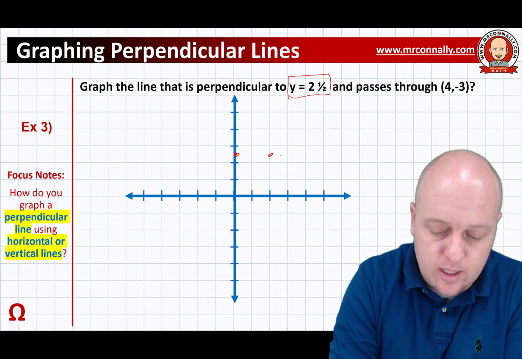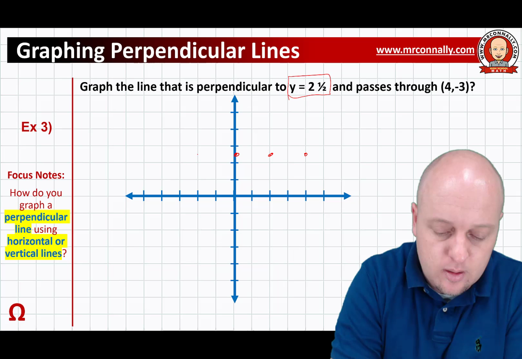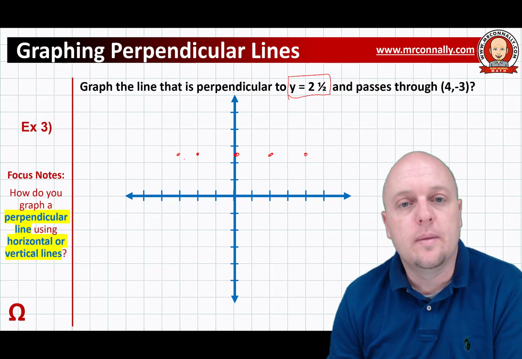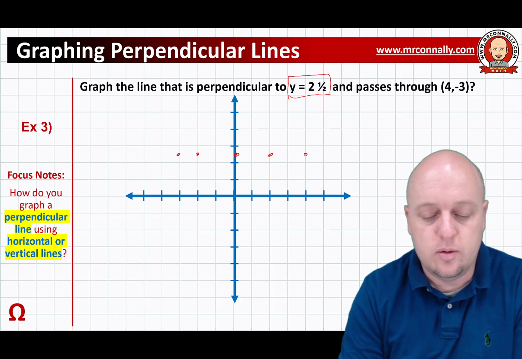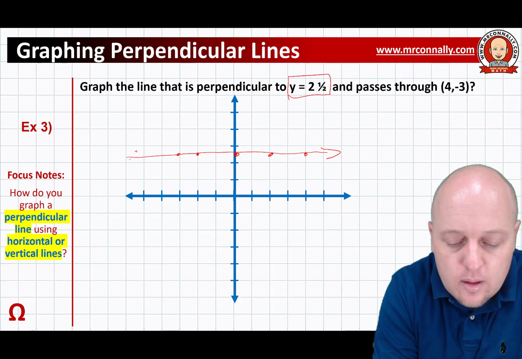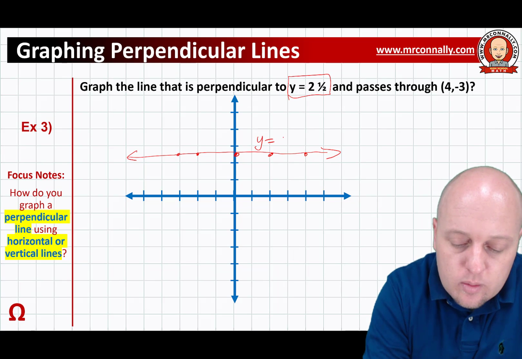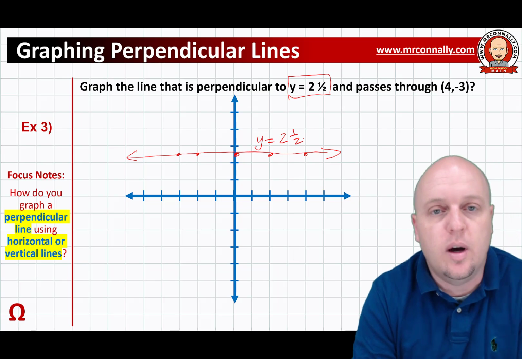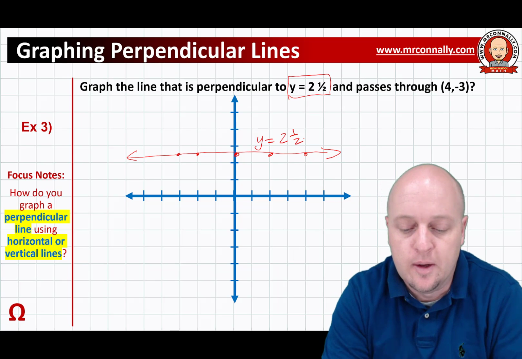See all these y's I'm making? All of those are where y equals 2.5. So that means this is going to be y equals 2.5 because every y value is equal to 2.5.